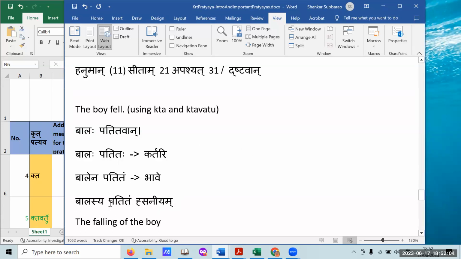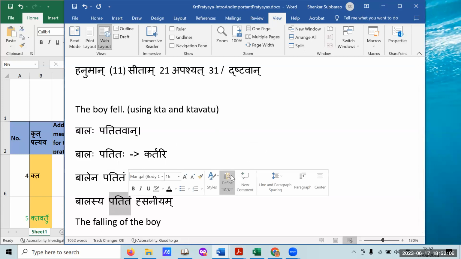When it comes with this patitam, this has the meaning of the abstract noun, falling, laughing, eating, different from falling happened. That's only a usage we are saying. But here it is an abstract noun which comes a little different. It'll take some time getting used to these possibilities, but understand the usage is quite different.